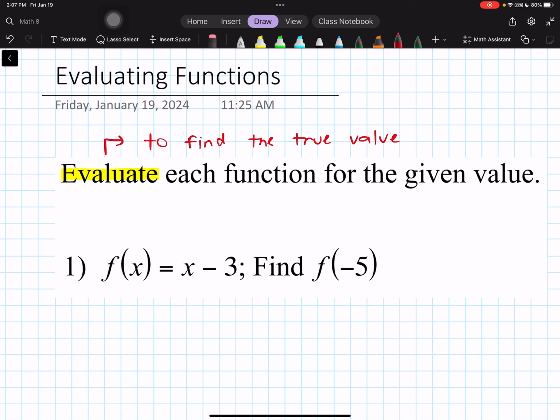Now first we have the problem f of x is equal to x minus 3. And we want to evaluate this at f of negative 5, right? So first things first, what you want to recognize here is that f right here is the name of the function.